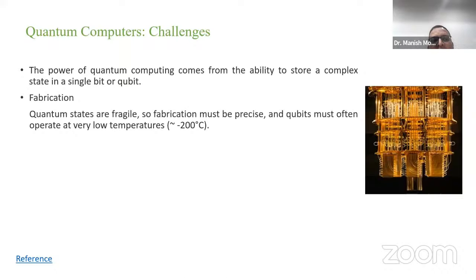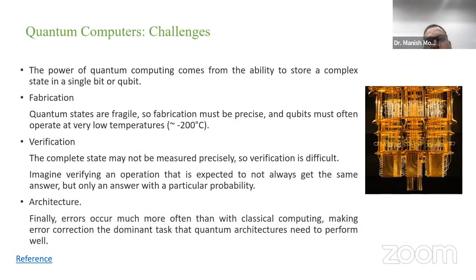So there are many quantum computers now, and more are coming up. You may have heard that IBM is offering free access to a quantum computer with limited qubits, and there are more expectations coming. But there are some challenges with quantum computers. They are evolving. As we say, the quantum state is fragile, so the fabrication must be precise.